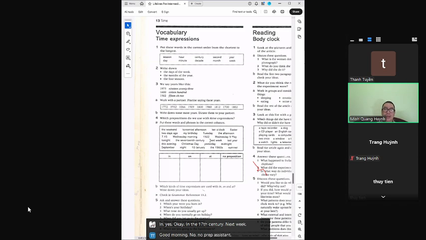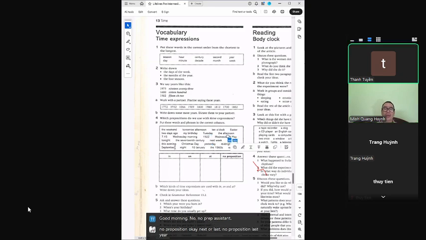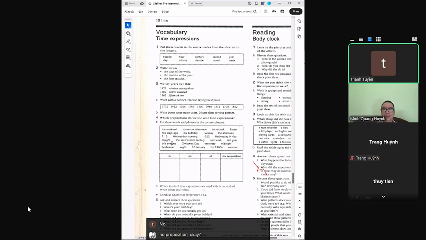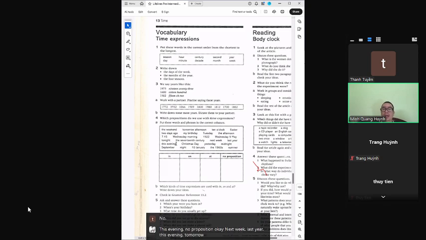Next or last, no preposition. Last year. No preposition. Okay. This evening. No preposition. Okay. Next week, last year, this evening, tomorrow, today, tonight. Okay, no preposition.